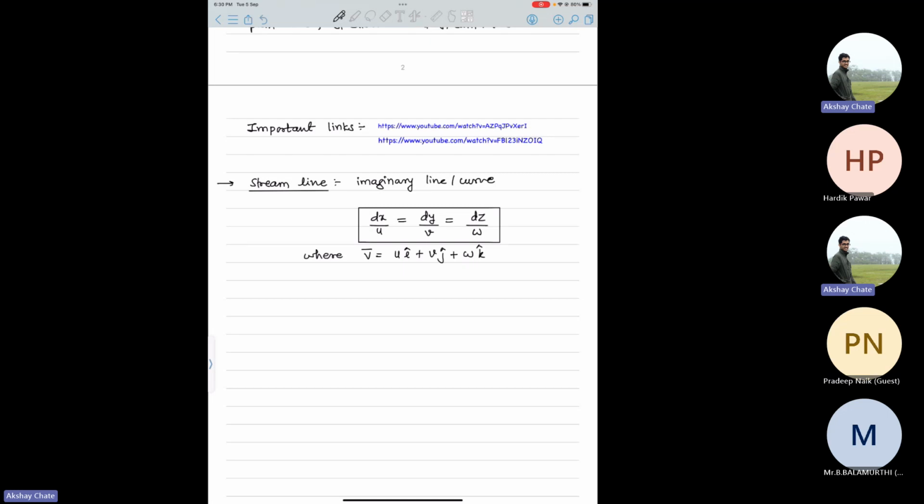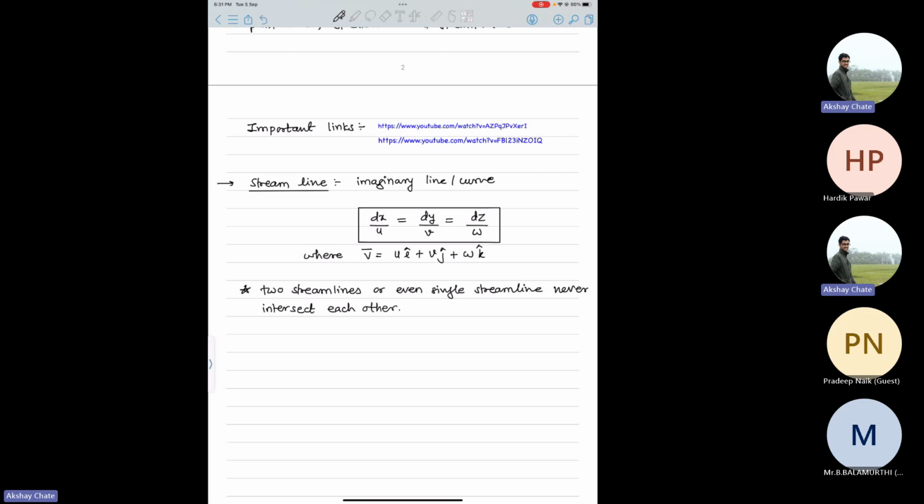The streamline equation is there, but more important is that two streamlines, or even a single streamline, never intersect each other.